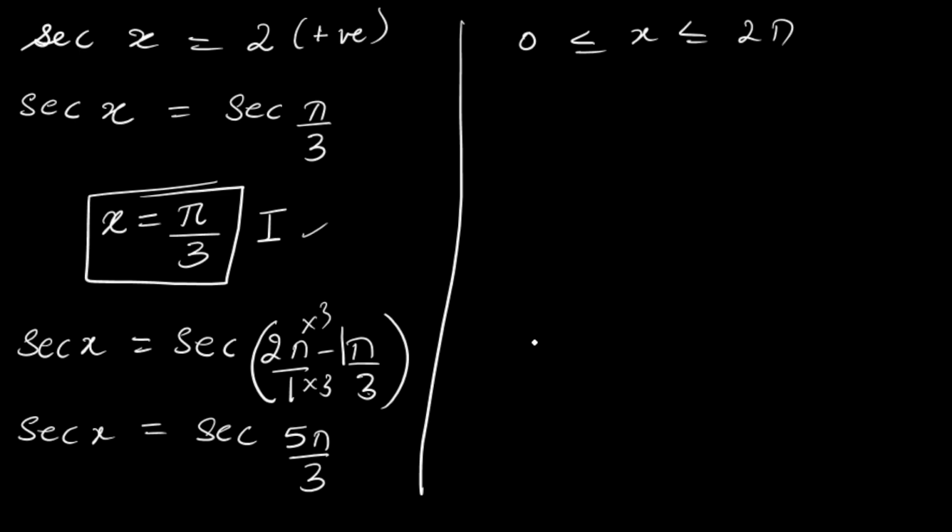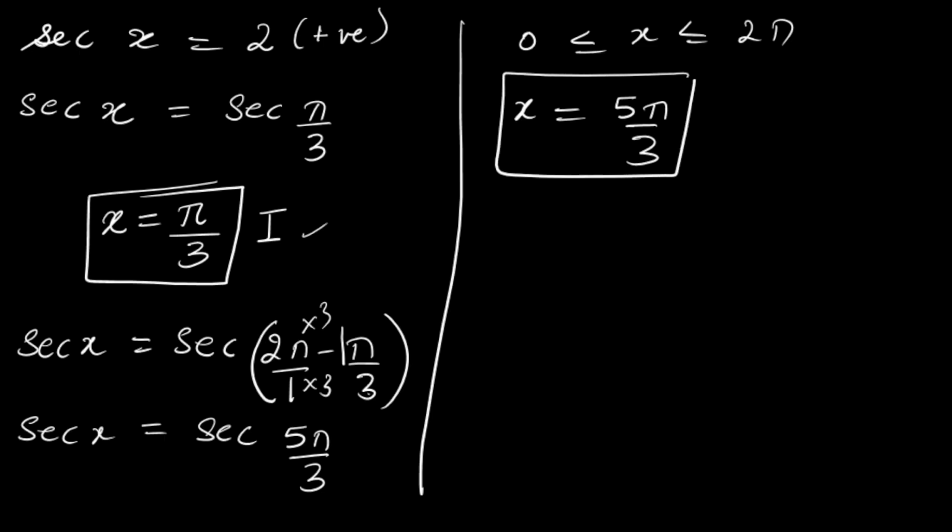You can see this is 300. So I can write here x is equal to 5 pi by 3. So this is the fourth quadrant's value. Secant pi by 3 is equal to 2 and secant 5 pi by 3 is also equal to 2.